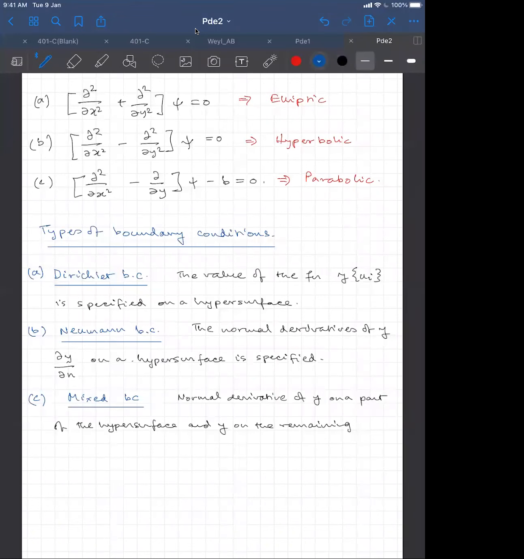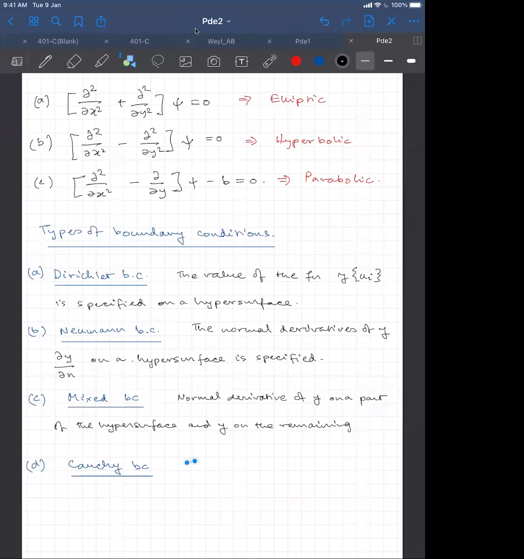Finally, what we get to is going to be called Cauchy boundary conditions. What's this?